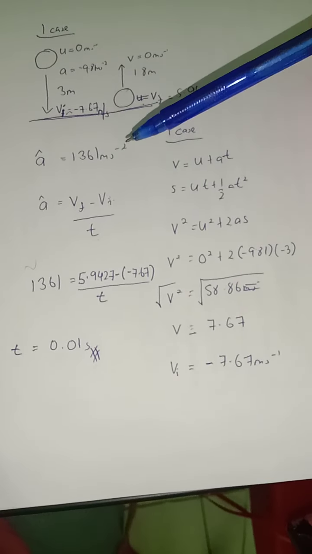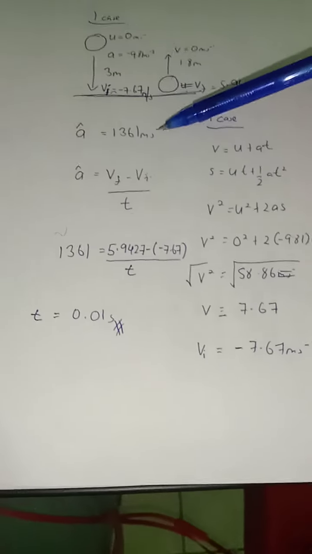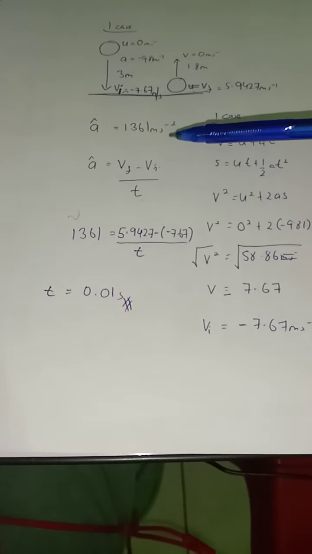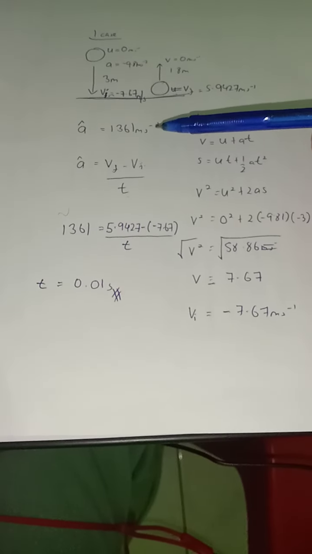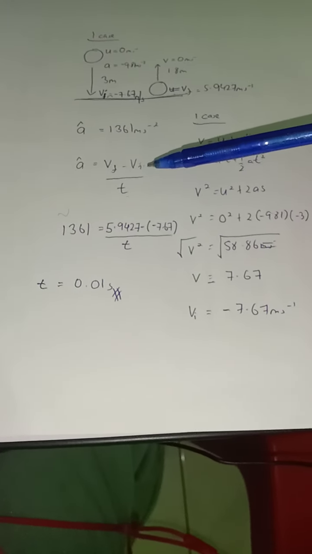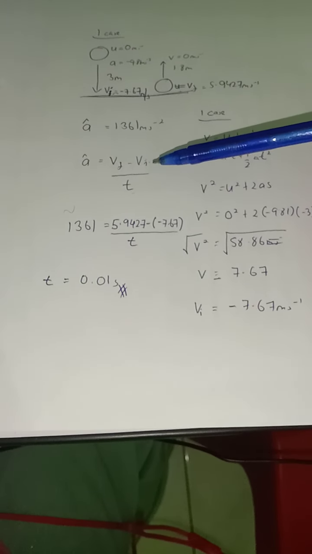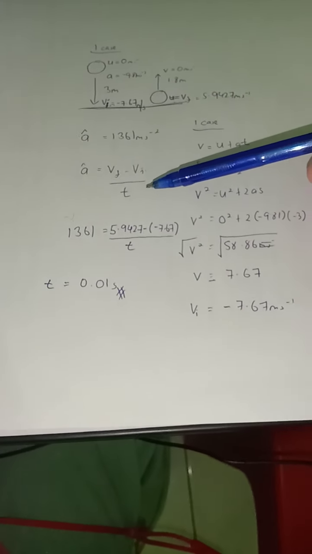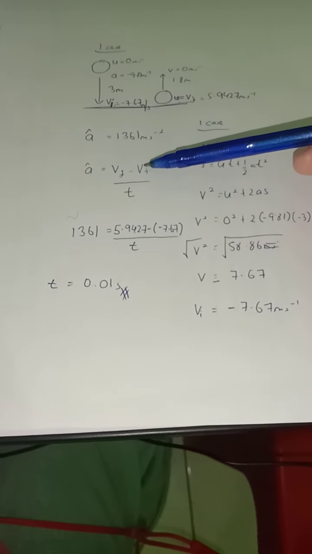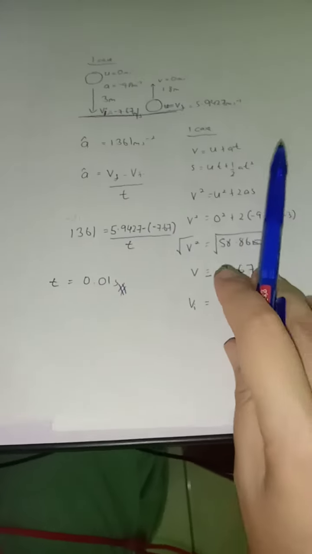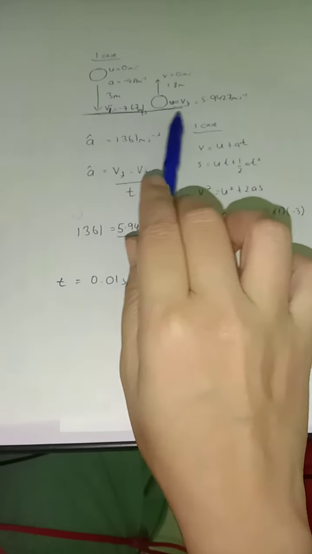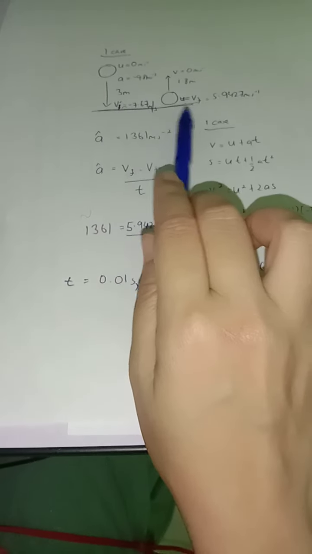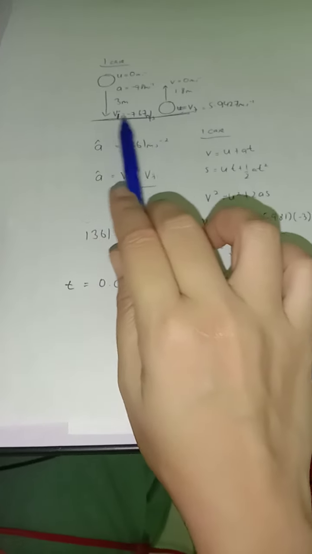The acceleration they give is actually the average acceleration, 1361 meters per second squared, and the formula is Vf minus V initial over T. So we need to find Vf and V initial, which occur during the part where the ball has contact with the floor.